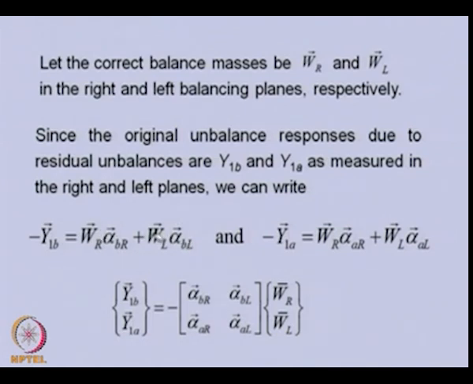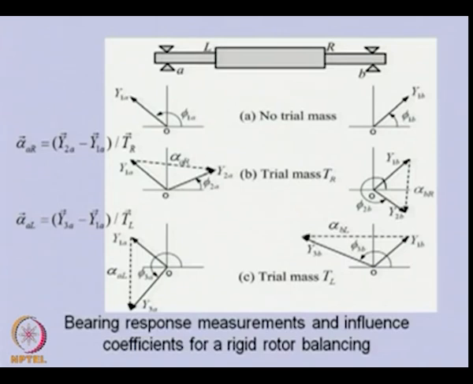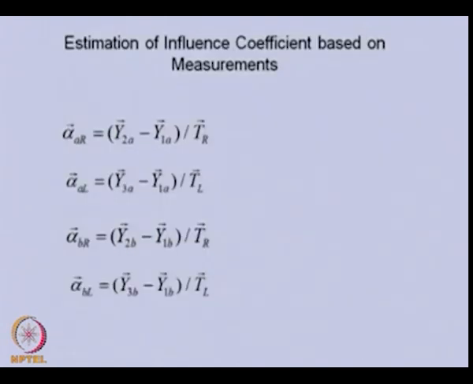Because these are correction masses, they should give equal and opposite displacement to what we obtained in the case of residual unbalance. That means they should give the same amplitude in plane B, but the opposite displacement, so that this vector can get nullified.